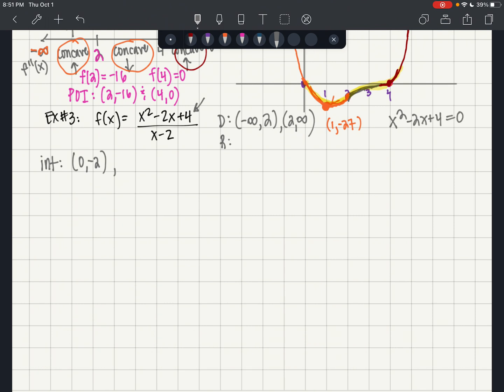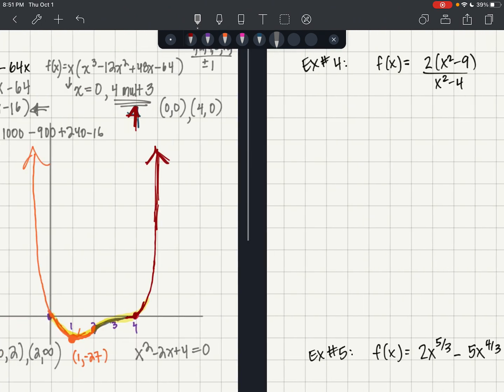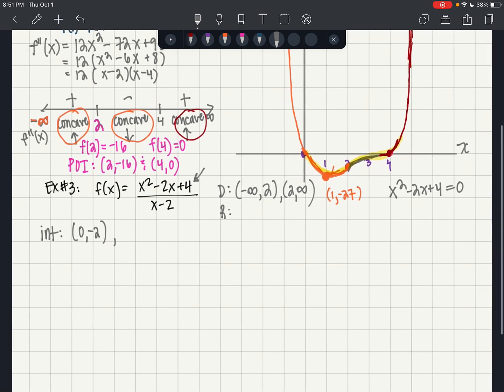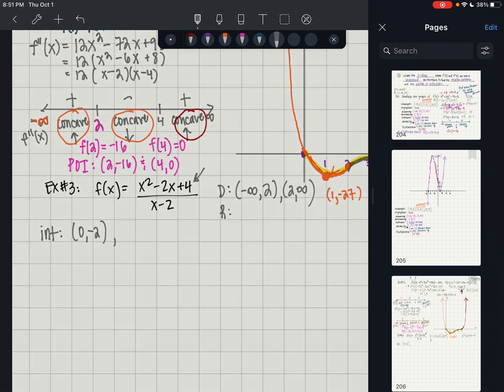I'm going to find out quickly that that leads to imaginary values, and there is no place on this graph for imaginary values. This is an x and this is a y. There's no place on the coordinate plane when we're graphing functions for imaginary values. Let me confirm that it's going to be imaginary. b squared minus 4ac: if that is negative, then it's going to be imaginary.